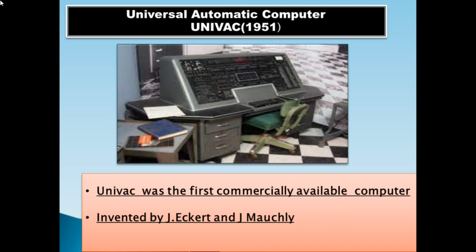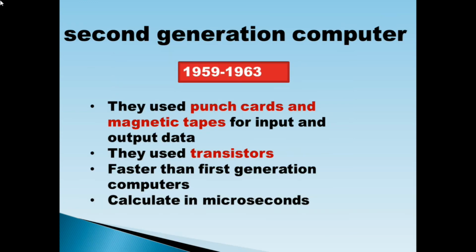Next is the second generation computer. From 1959 to 1963, people used second generation computers. They used punch cards and also magnetic tapes for input and output data.